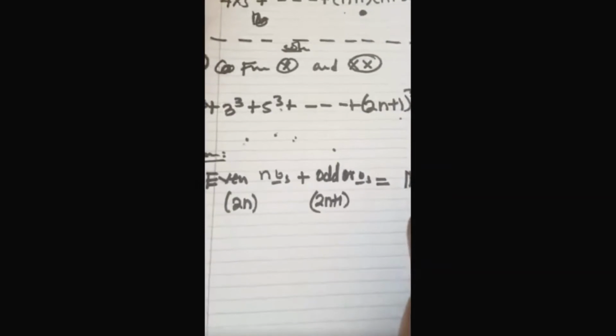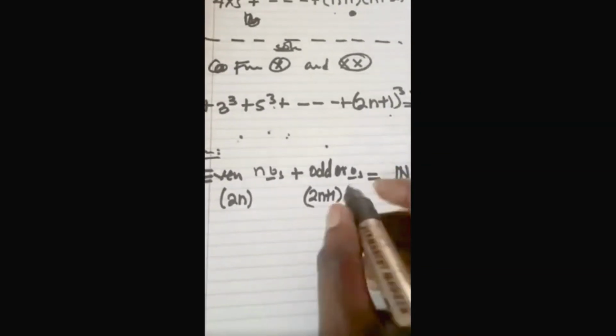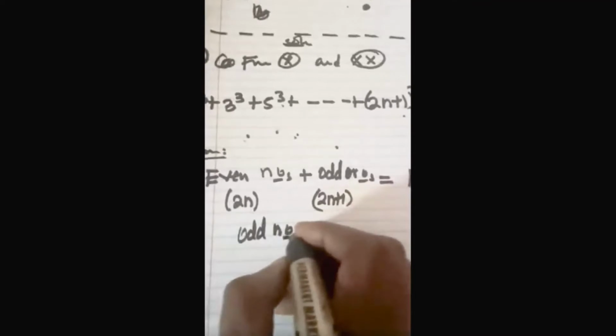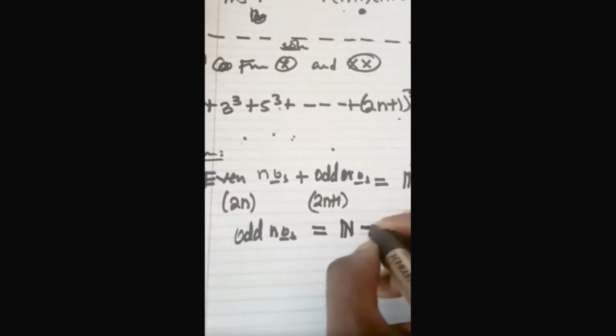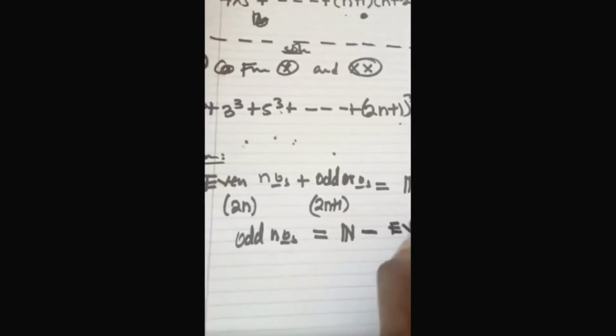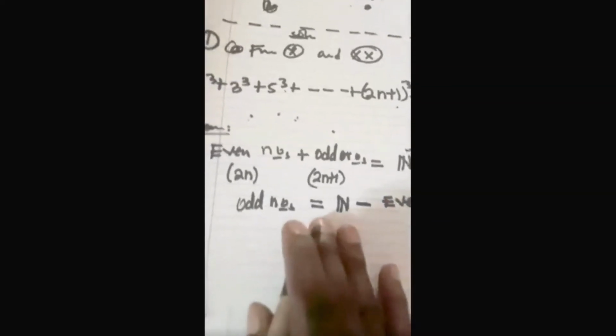Now, what do we know about the three equations we have at hand? It implies that we have this. If you are having odd numbers, they must equal all the numbers minus the even numbers. Look at this formula critically.